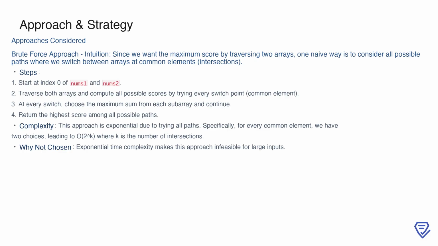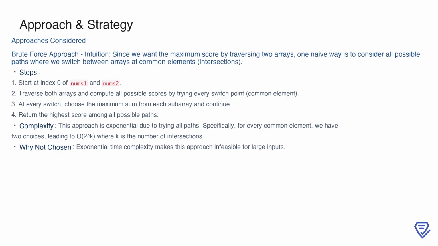To begin, the brute force approach relies on the intuition of exploring all possible paths to maximize the score. Since the goal is to traverse two arrays and switch between them at common elements, the naive strategy involves considering every potential path. Specifically, we start from the first element of both arrays and calculate scores for each possible sequence of switches at intersection points.